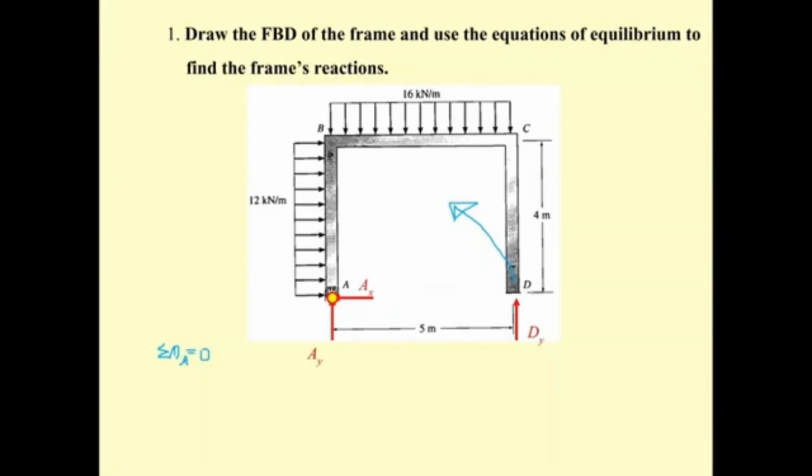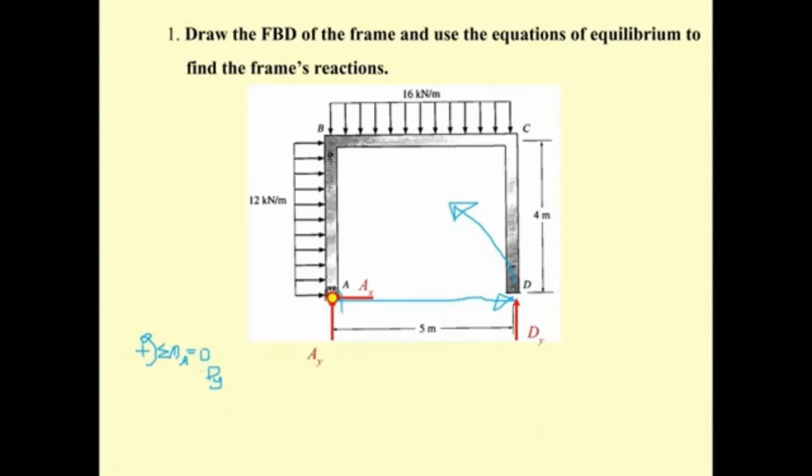Okay, and then since this rotation is for the unknown, we set the rotation like this as positive, and then our D sub y is going to be multiplied by the moment arm between D sub y and the rotation point. That is going to be 5.